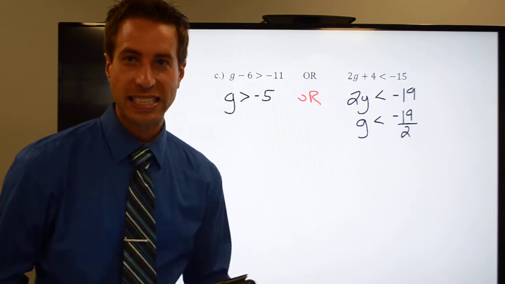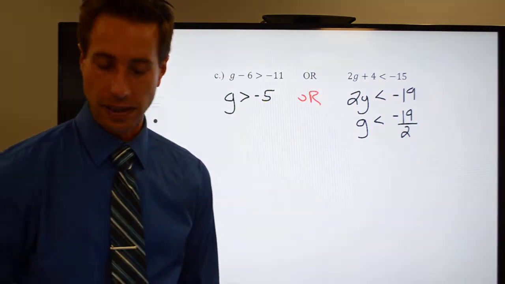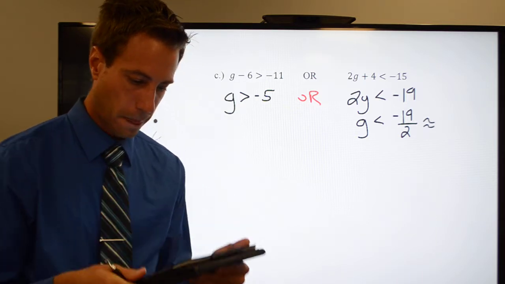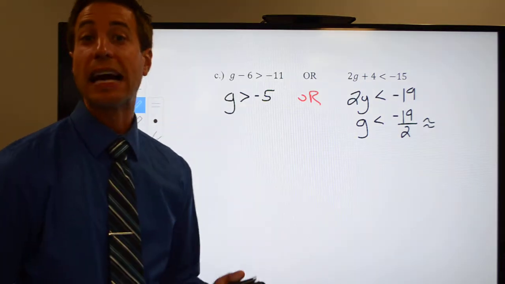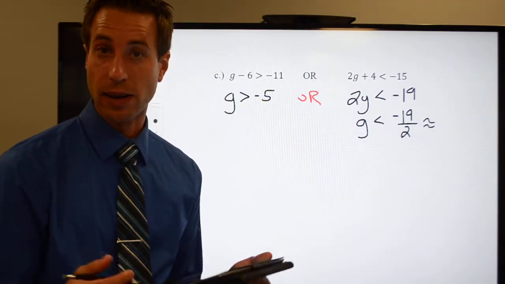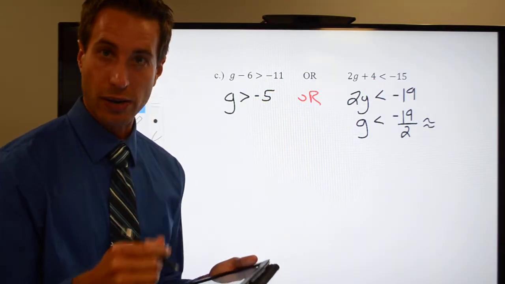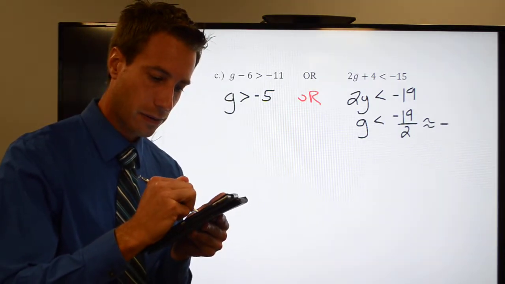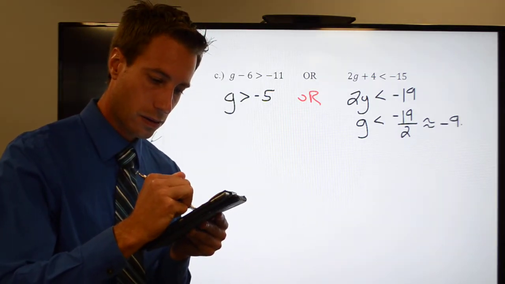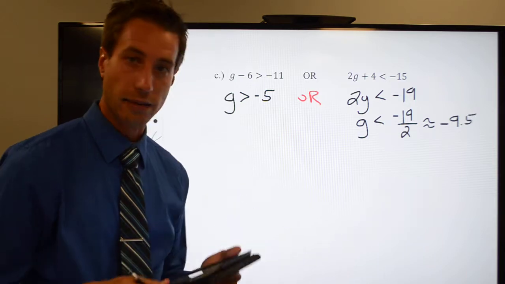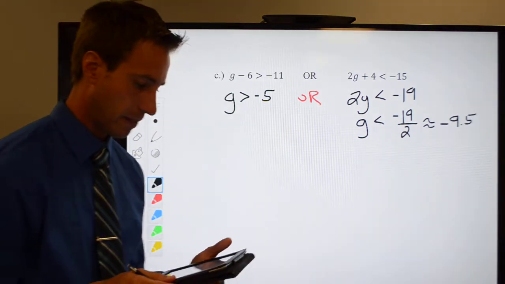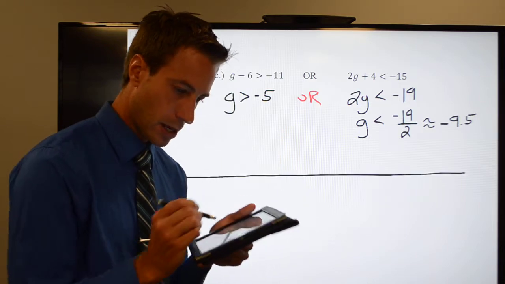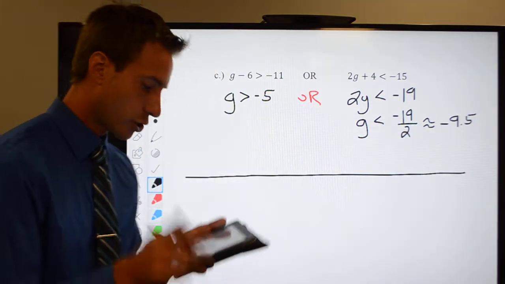Now negative 19 halves doesn't divide evenly, so that's going to be approximately, well, 18 divided by 2 would be 9, and I'm 1 greater than that, so 19 divided by 2 would be a negative 9.5. That's about where we're going to be. All right, here we go. Let's put this on a number line. There's not much gap between these, so we should be okay.